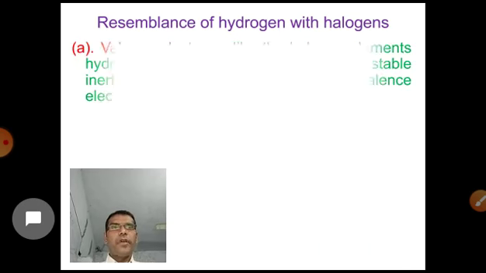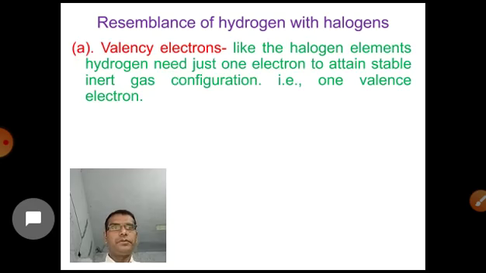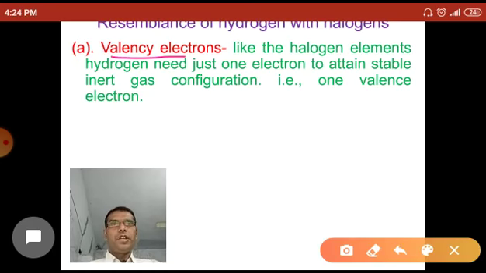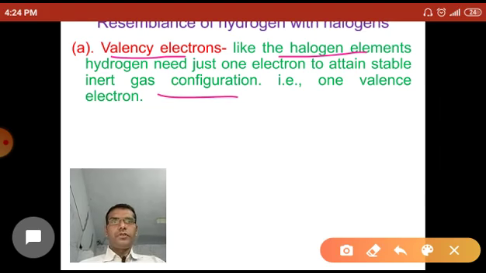Now, the resemblance of hydrogen with halogens. Number 1, valence electrons: like the halogen elements, hydrogen needs just one electron to attain a stable inert gas configuration. Halogen elements also need just one electron to attain their stable inert gas configuration, and hydrogen also needs just one more electron.